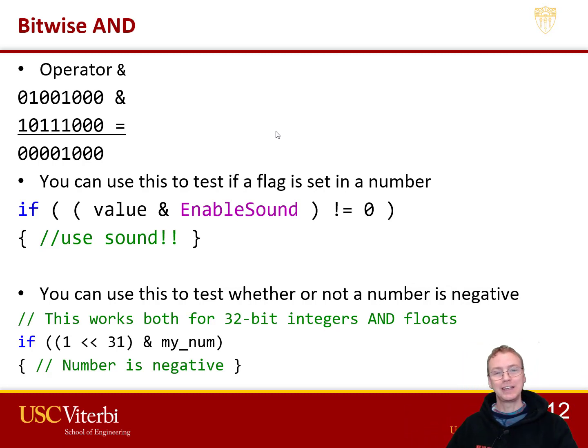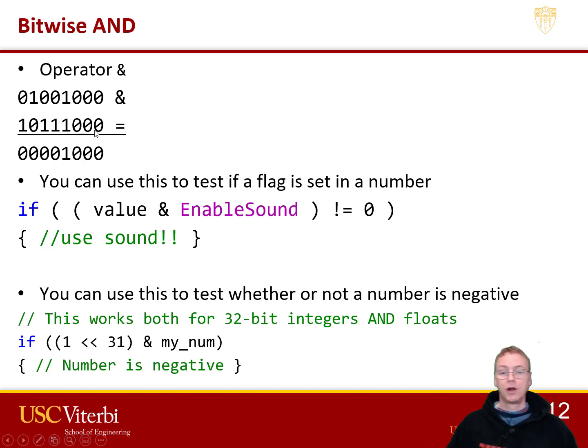We saw that in the endian swap. And we'll see it often with these flags. You want to say, is the enable sound flag true? Does the user want sound? You'll test that by just doing the AND with your flag. So you've got your flag coming in, AND it with that.